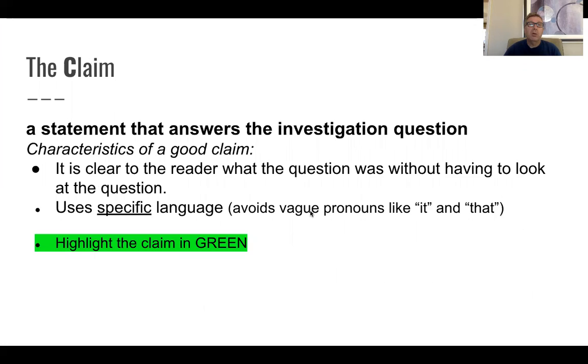Okay, so the claim. A claim, the simple thing is, it just answers the investigation question, right? So you should be able to determine what the question is based on what your claim is, right? So it is clear to the reader what the question was without having to look up the question. So it needs to be a simple sentence using specific language, right?